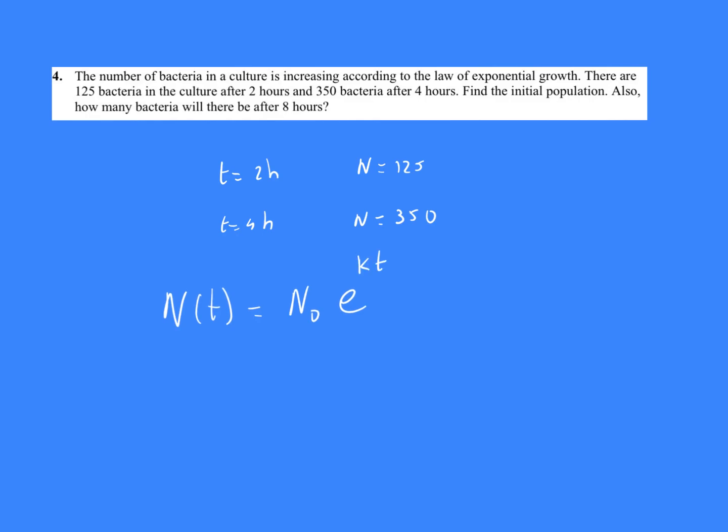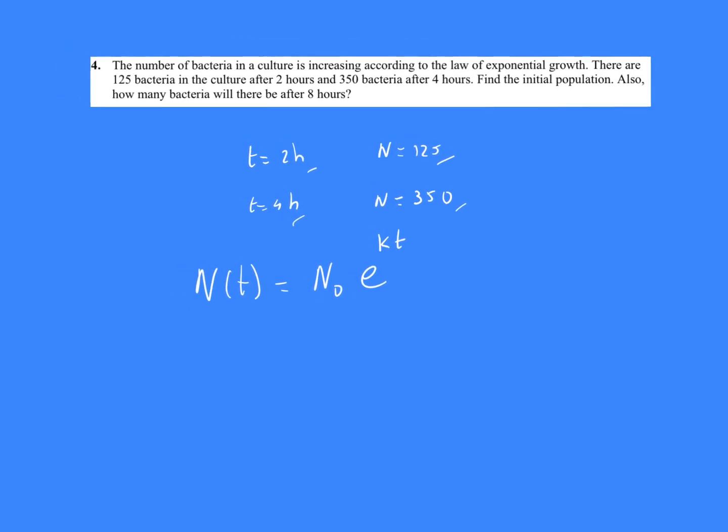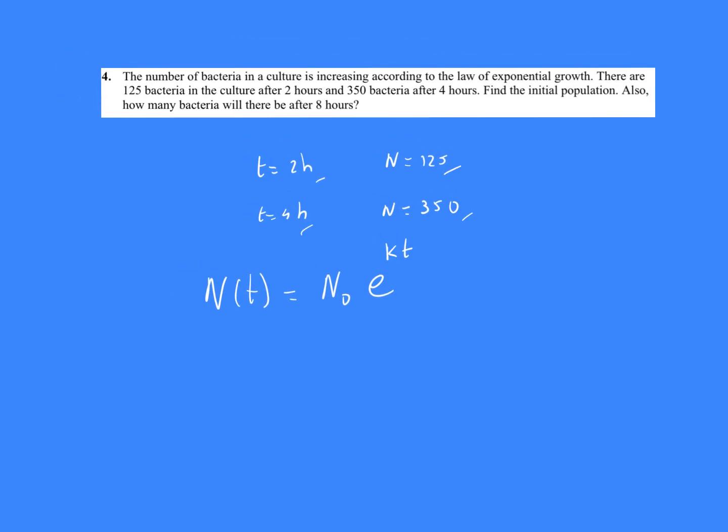It says there are 125 bacteria after 2 hours. You measure the number of bacteria after 4 hours, and you realize that it's 350. It asks what is the initial population of bacteria, and how many bacteria there are after 8 hours. So the model says that the bacteria are growing according to the exponential law.